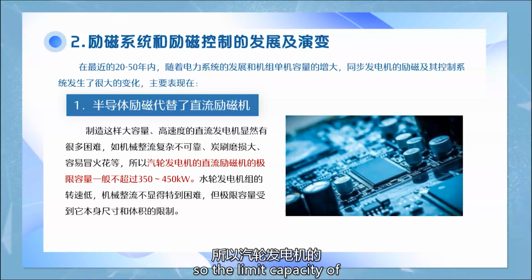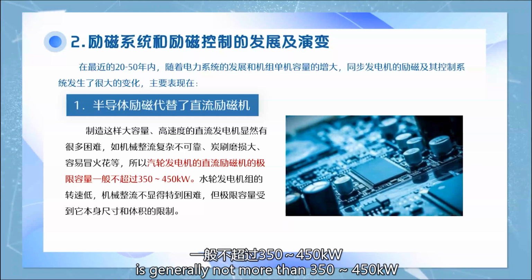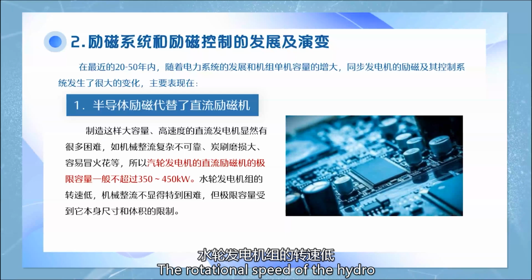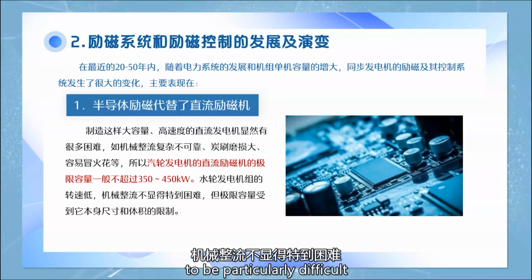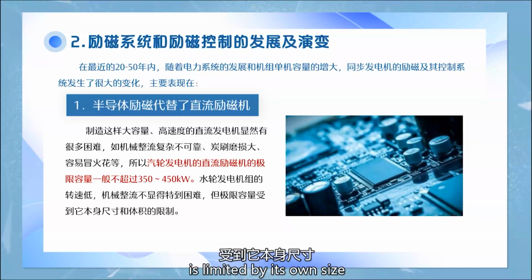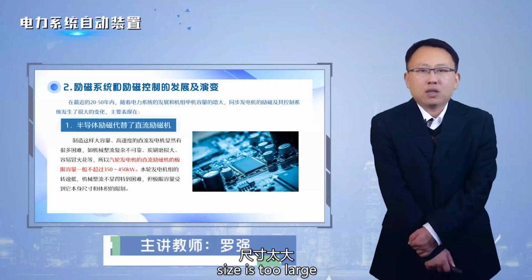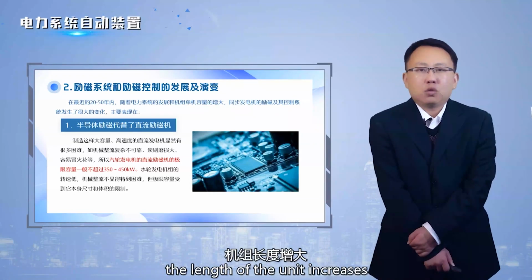So the limit capacity of the DC exciter of the turbine generator is generally not more than 350 to 450 kilowatts. The rotational speed of the hydro generator set is low. Mechanical rectification does not appear to be particularly difficult, but the limiting capacity is limited by its own size and volume. If the size of the exciter is too large, the length of the unit increases.